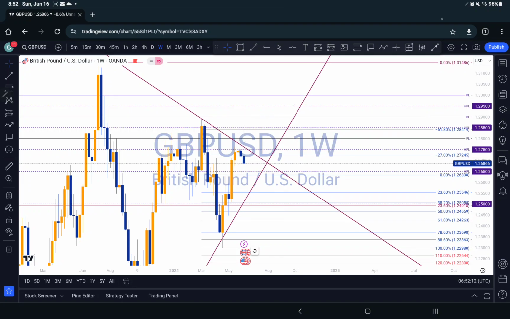So based on that, we can see that as soon as we got up and hit negative 27% fib level, we rejected around that area. And that's also the trend line as well. So we can see that we're also rejecting around that trend line, which means that there's a possibility for it to push to the downside based on what we are seeing right there, right?